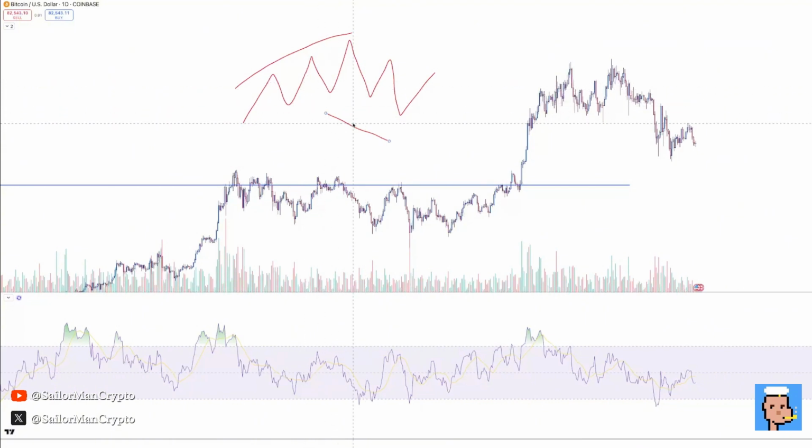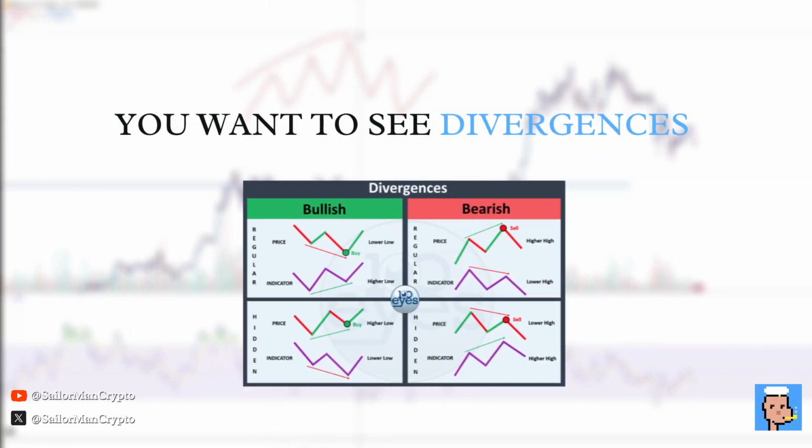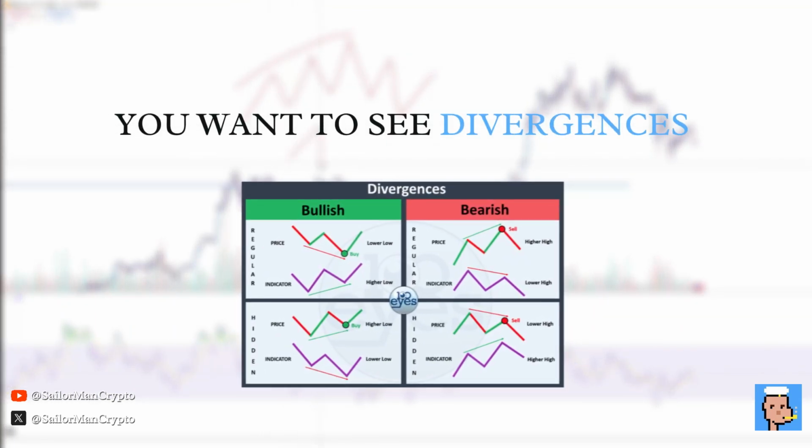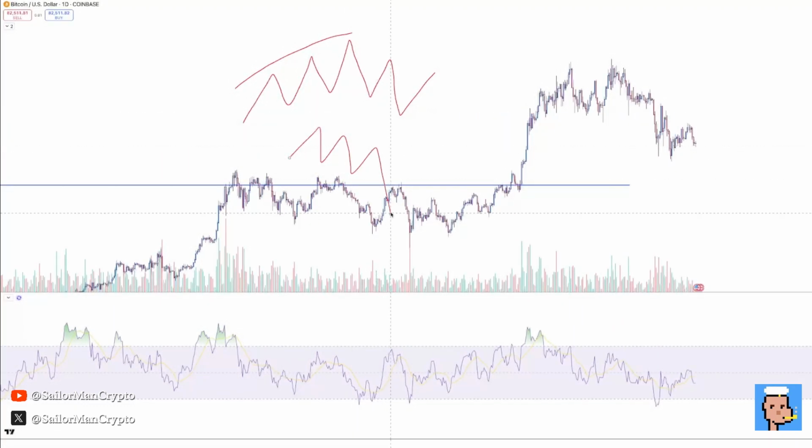The other factor that we want to see on RSI is a divergence. So we want to see that while price pushes higher, RSI potentially pushes lower. It's very important for the divergence that you always take the same side. So in a bearish divergence, you want to see the price forming a higher high, like in this case. We take the top of the price action, and to have a bearish divergence we want to see RSI forming a lower high.